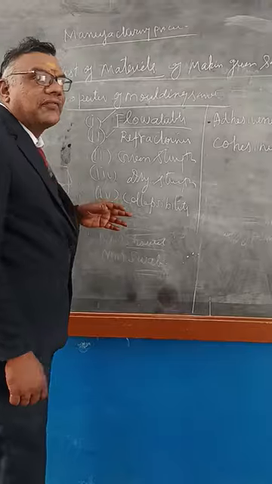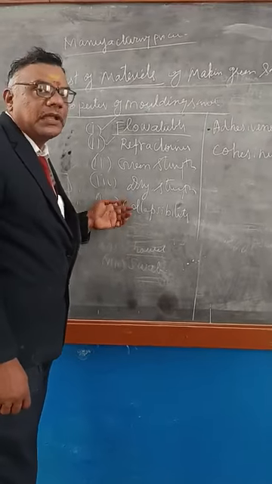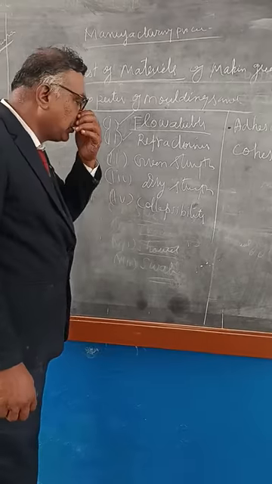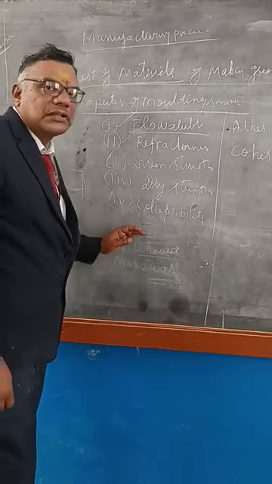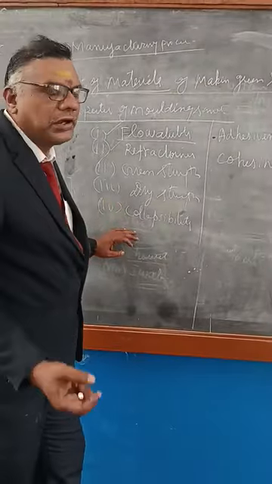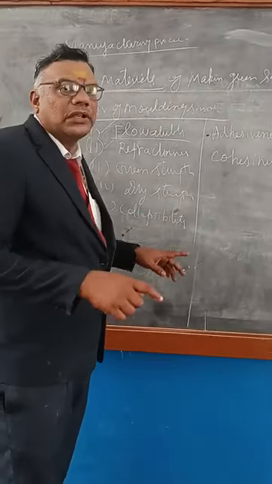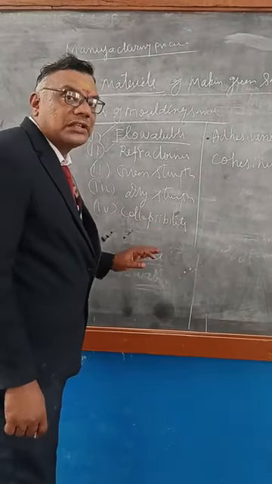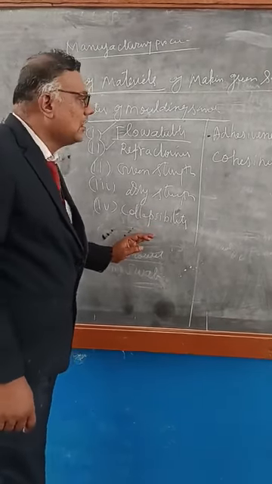Next, collapsibility. After finishing the molding, the sand may be reused, so there should be reusability. For that, you have to collapse, that means destroy the mold after taking out the original component from the molding cavity. So the sand should have the property of being easily collapsed.